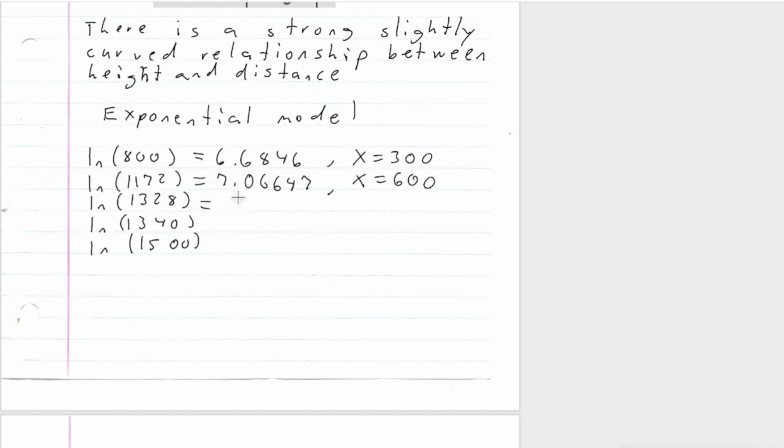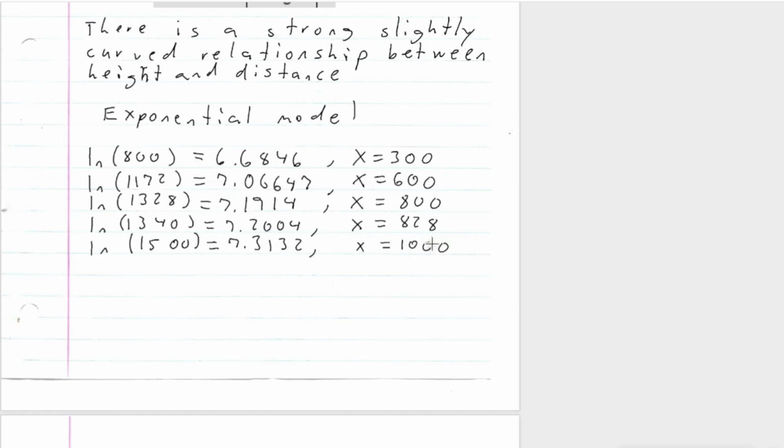This is equal to 7.1914, when our x, let me fix this, where our x is equal to 800. This is equal to 7.2004, with our x being equal to 828. And then finally, this is equal to 7.3132, when our x is equal to 1,000.